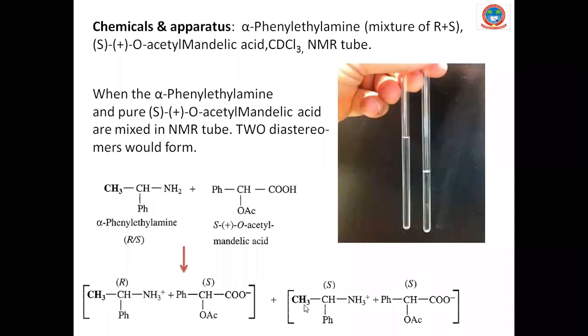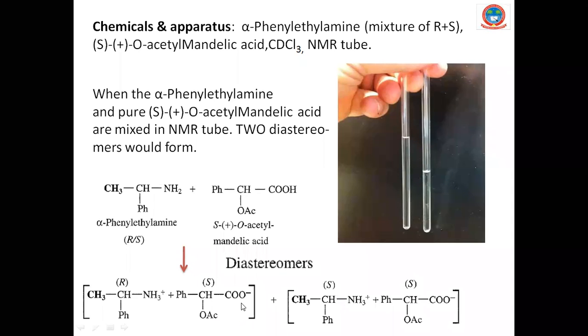These two salts are now called diastereomers. In these two salts, the two methyls are not the same, the two phenyls are not the same, the two CH are not the same, the two NH3 are not the same, the OAc are not the same. This is the meaning of diastereomer.